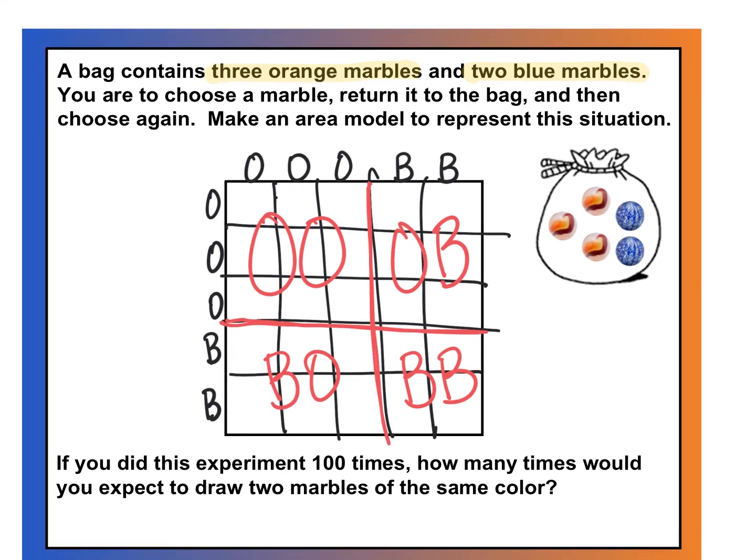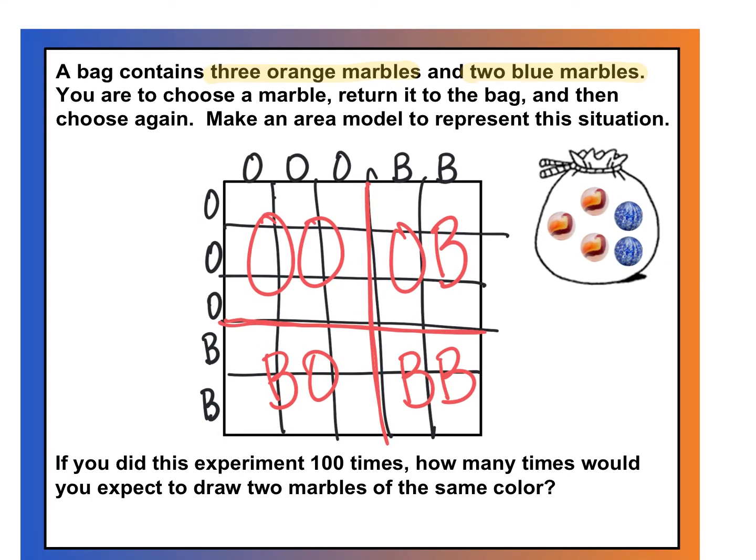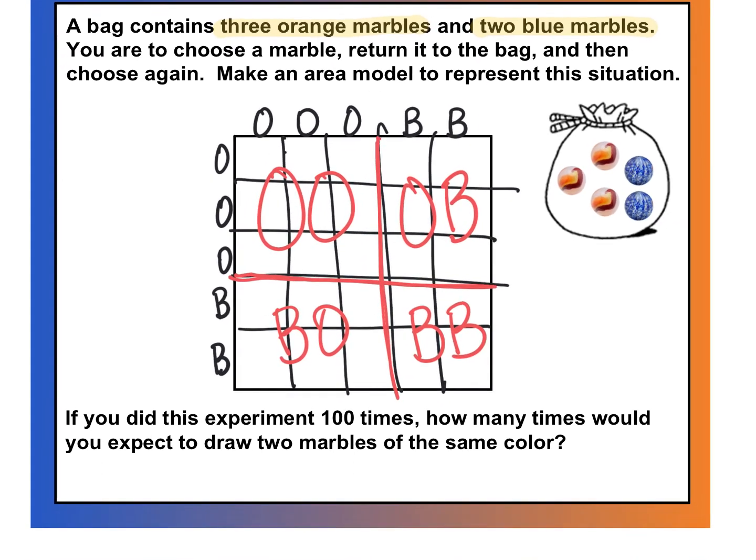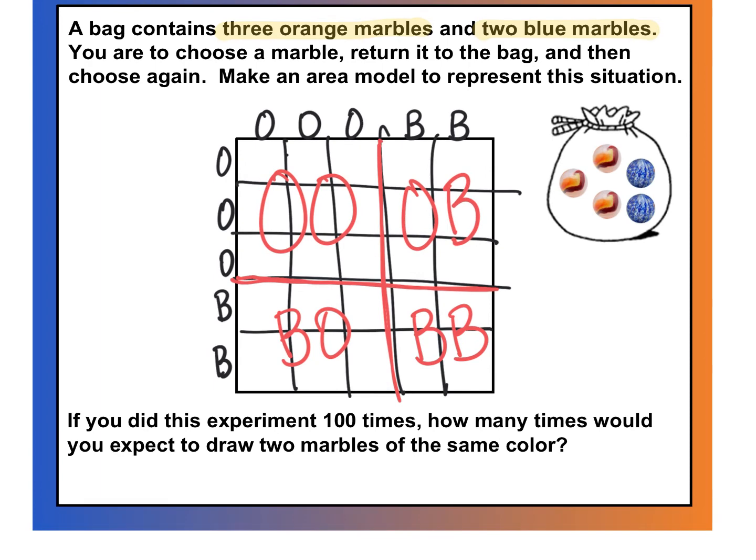So the question says, if we did this experiment 100 times, how many times would you expect to draw 2 marbles of the same color? Well, the same color would be either orange, orange. So here 9 boxes are all orange, orange, right? And then over here, blue, blue. Those count as the same color twice. So we have a total of 13 boxes where we have the same color marble being drawn twice.